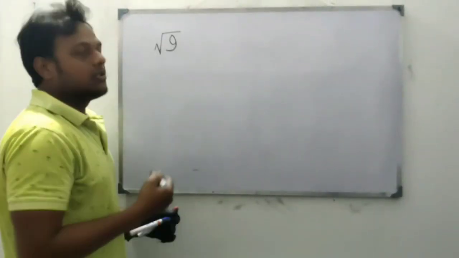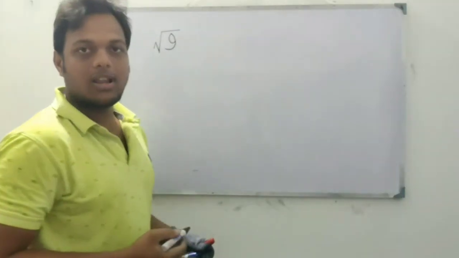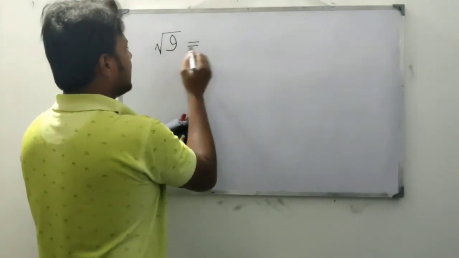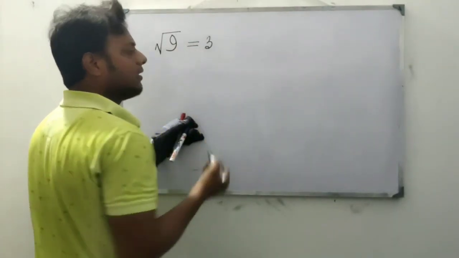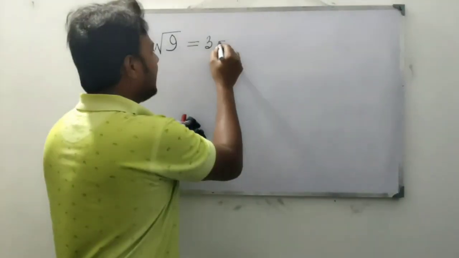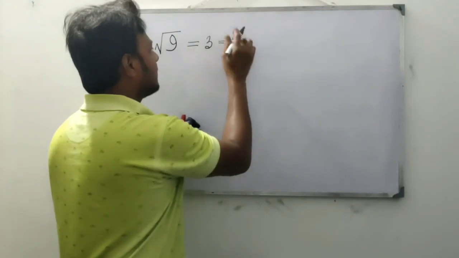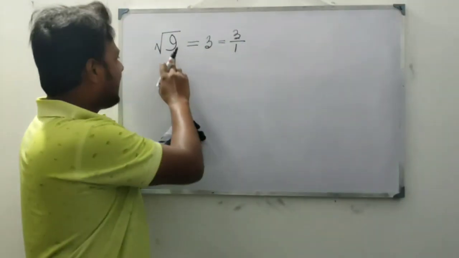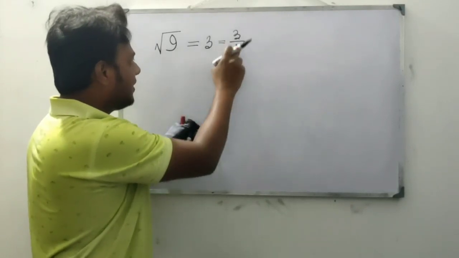Root over 9. So let's try to express root over 9 into the form p by q. Root over 9 is nothing but 3. You know the square root of 9 equals 3, and 3 can be written as 3 by 1. So we have expressed here root over 9 equals 3 by 1.